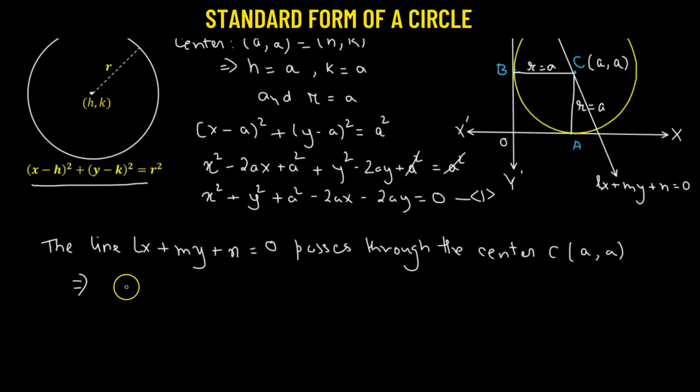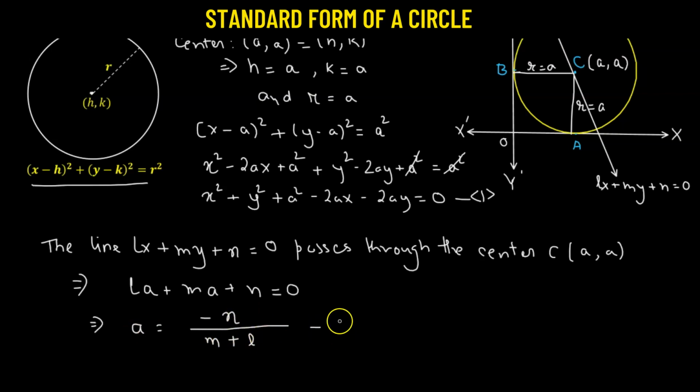So we can replace the value of x with a as well as the value of y with a. So we're going to get l times a plus m times a plus n equals 0. Now we can use this equation and isolate a. So the value of a is going to be equal to negative n divided by (m + l). Now we have defined the radius in terms of the parameters m, n and l. So let's label this as number 2.